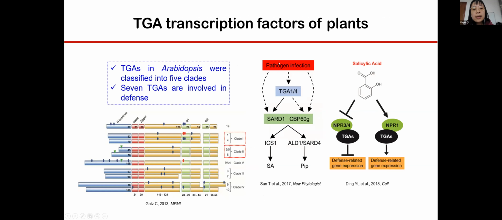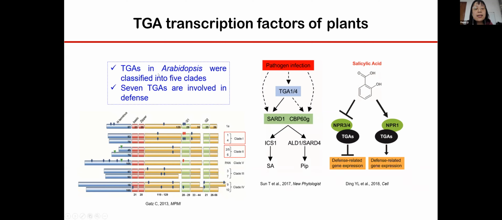So in order to explore the mechanisms of how RipAB interferes with plant immunity, we performed IP mass spec in tobacco to identify RipAB target proteins in plants. TGA2 transcription factor was among the targets.